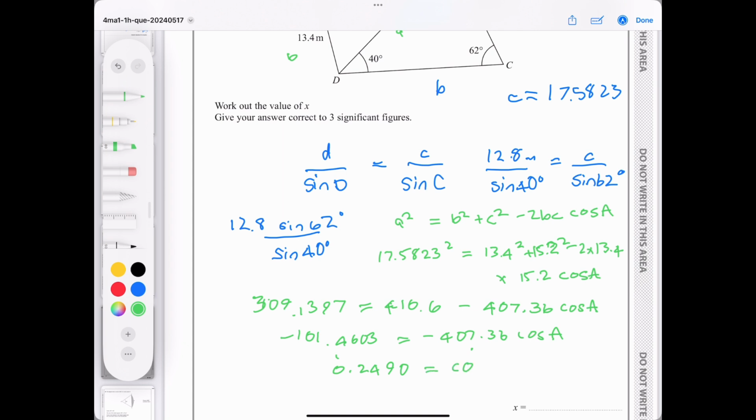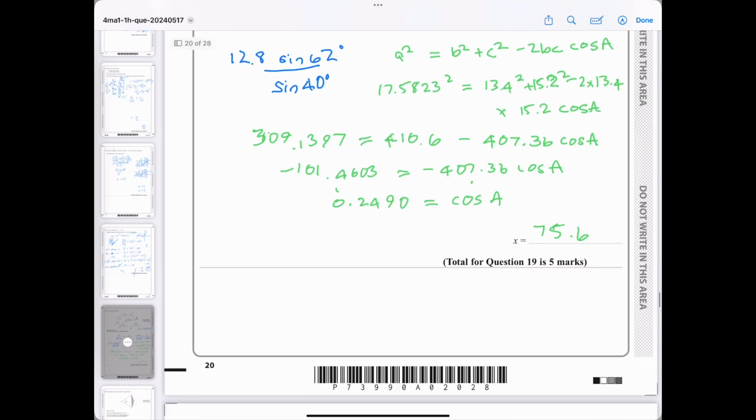So we're just going to use the inverse cos for this. So we go shift cos, and then we literally just put the answer in, and then we hope we get a normal looking number. Yay! That means x equals 75.6. I really hate that many numbers. I just find it irritating.